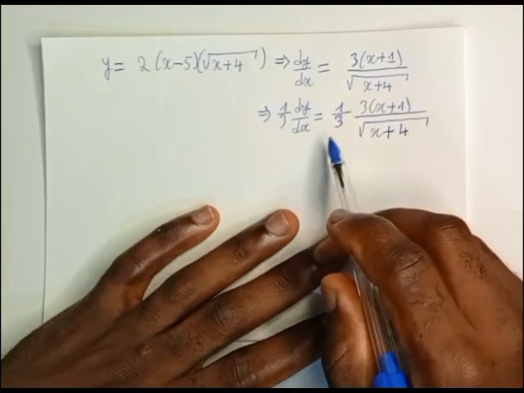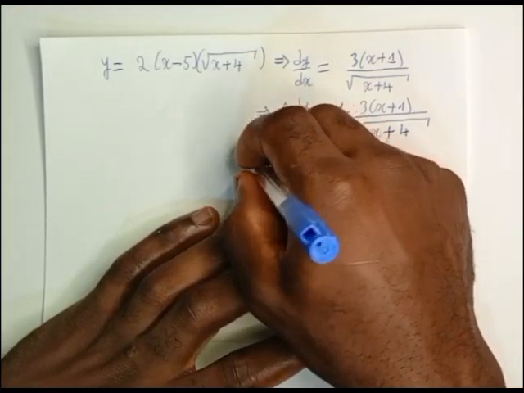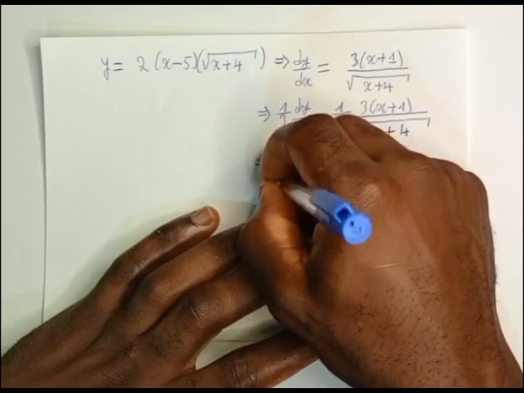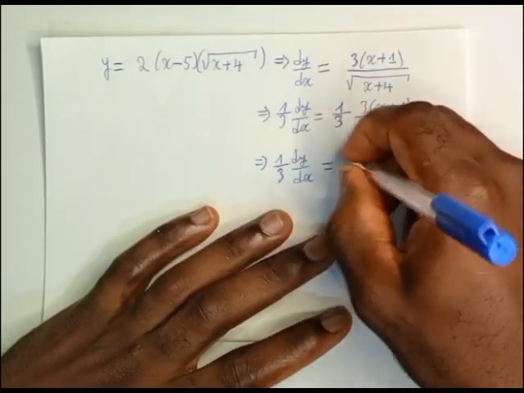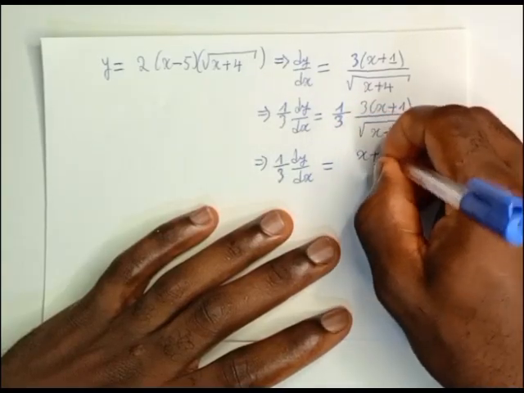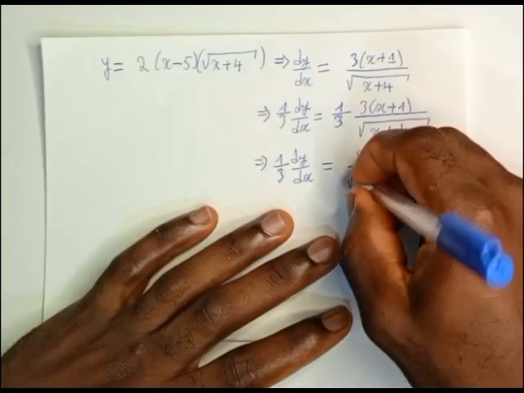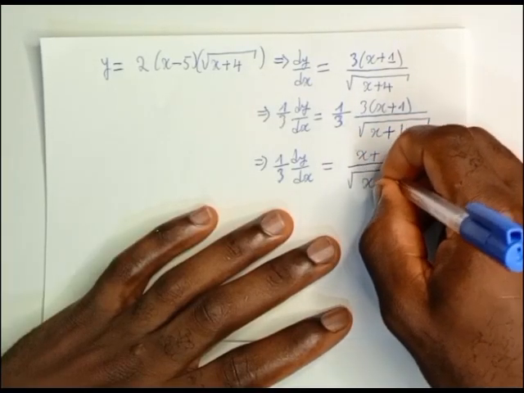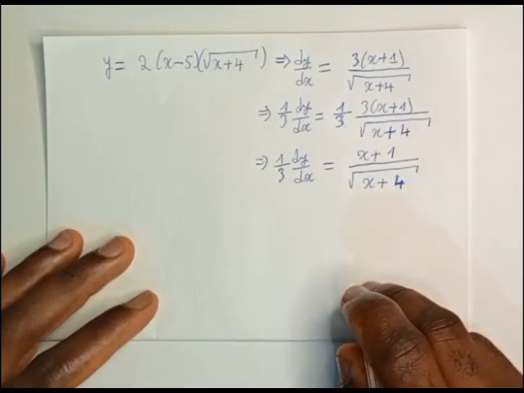The 3 strikes off, giving x plus 1 all over the square root of x plus 4.